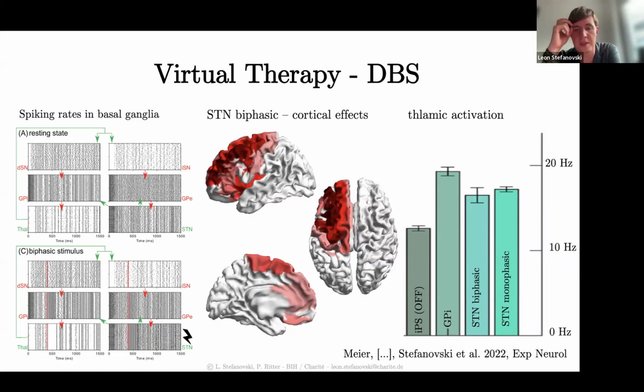Here it's a work on deep brain stimulation, a co-simulation framework, very detailed work on just the N equals 1 group of just one patient with Parkinson's disease, where we had a spiking neural network in the basal ganglia and a neural mass model-based network in the rest of the brain, showing that stimulation of the subthalamic nucleus, like we do in clinical routine for Parkinson's patients, indeed leads to an activation of the thalamus and an activation of the frontal cortex, like we see it as the correlate of improved movement function in Parkinson's under DBS stimulation.